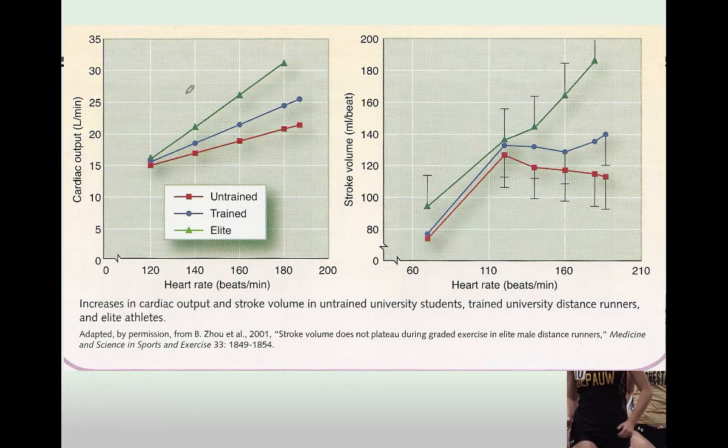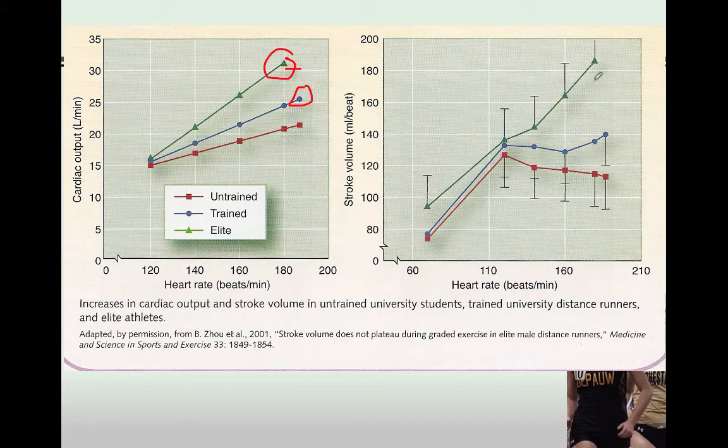Here you can see a comparison of cardiac output for, again, untrained, and then that same group trained, and Qmax has gone up. And then here is the elite group, and here you can see that Qmax is actually in excess of 30. Again, for a trained sedentary person, a Qmax of 25 is pretty decent. That's not too bad. And then here we see the data on the same group of people for stroke volume.